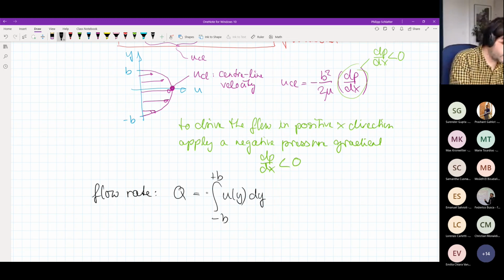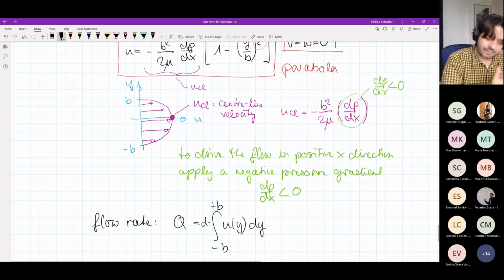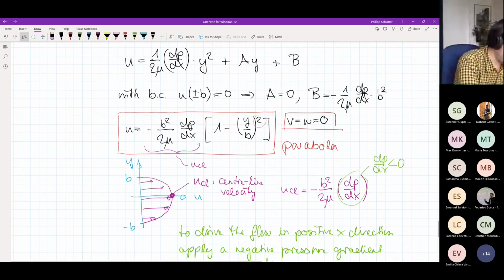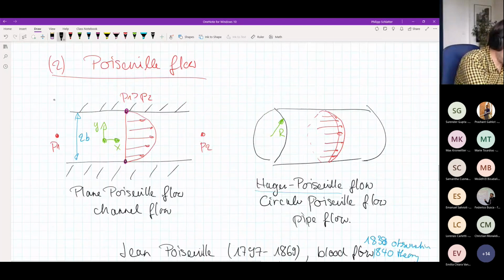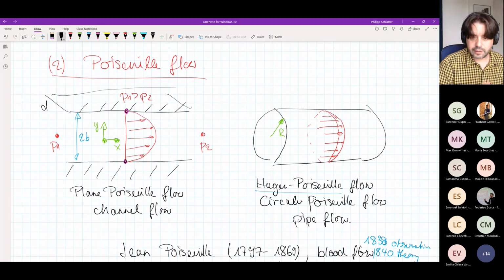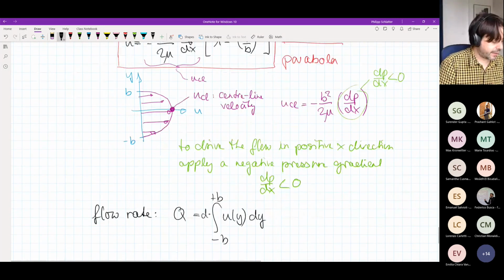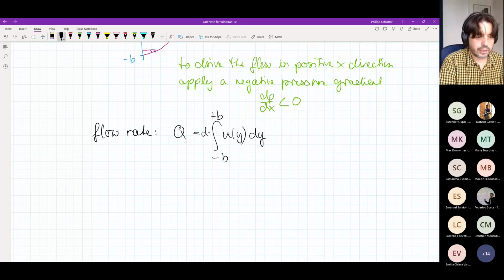Now you can, of course, if you want, I'm not going to do that here, but I just want to mention, you could have here also the span-wise extent. So if you would consider a third dimension, which has a thickness d, you could add this here in the flow rate.